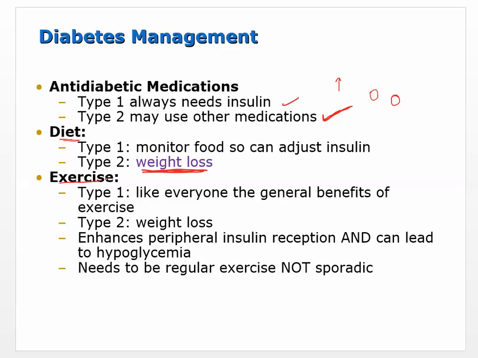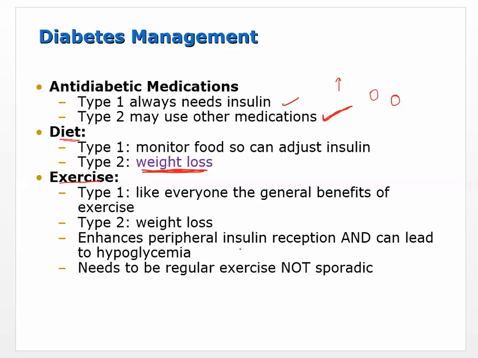Exercise. Well, type 1, your exercise is going to benefit you in the same way that it benefits other people. Type 2, the benefit of exercise is going to be weight loss, but it's also going to help lower glucose levels if your glucose levels are high, because you're burning glucose.